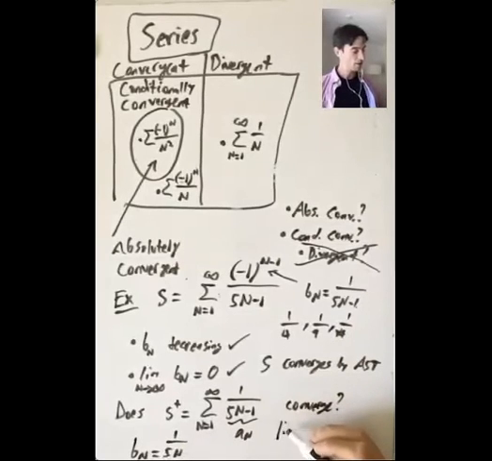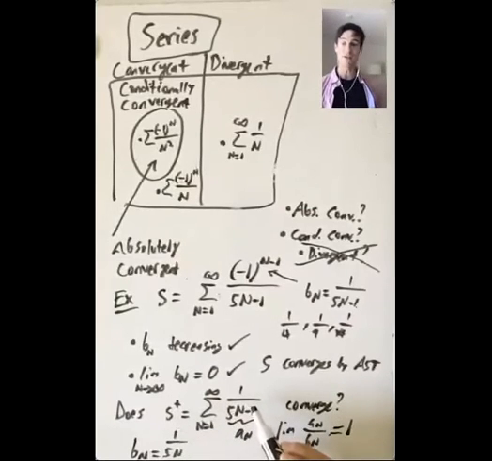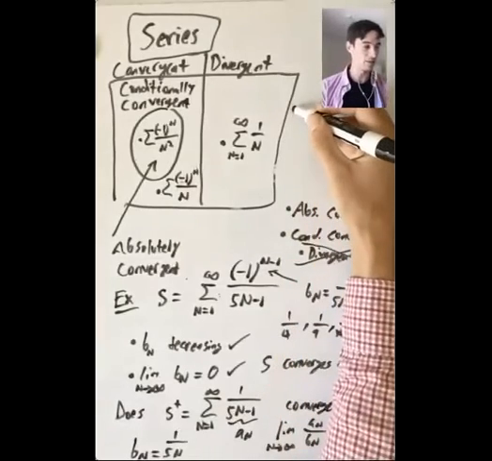Because now the limit as n goes to infinity of an over Bn is the limit as n goes to infinity of 5n over 5n minus 1. And this is 1. So what this tells us is either both series converge or both series diverge by the limit comparison test.